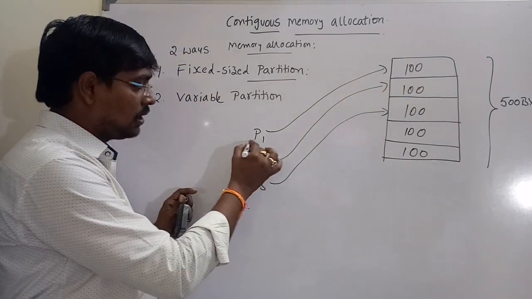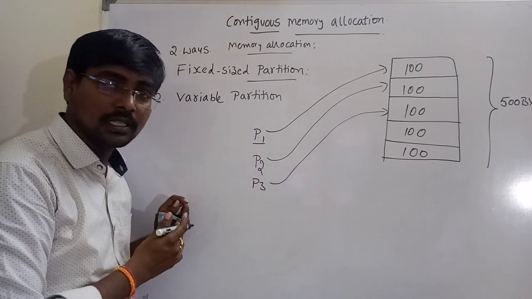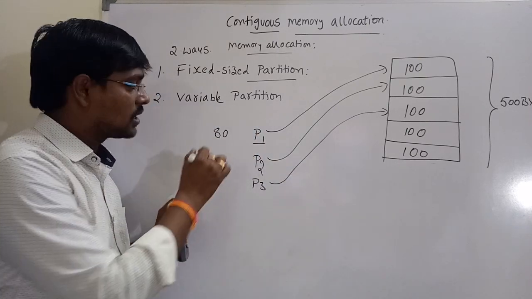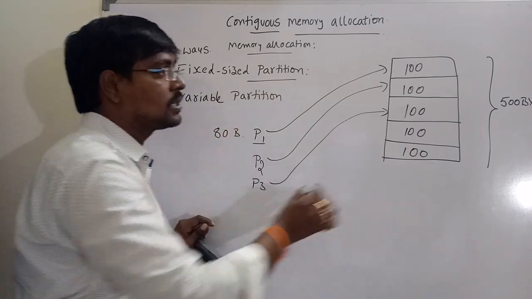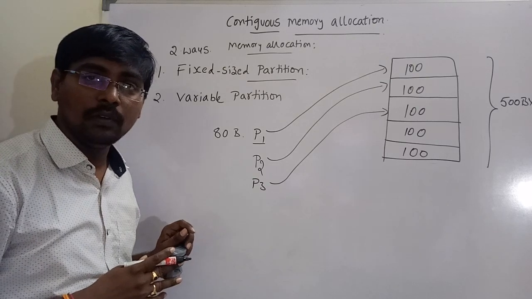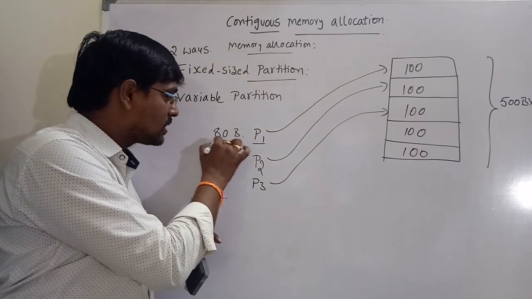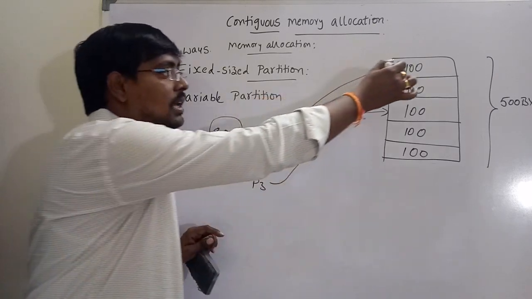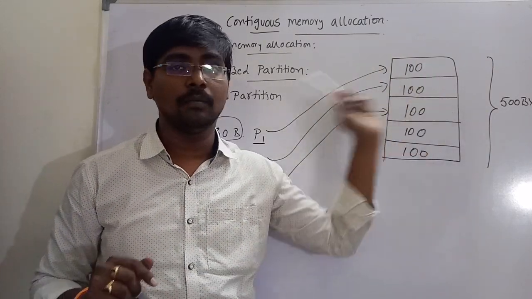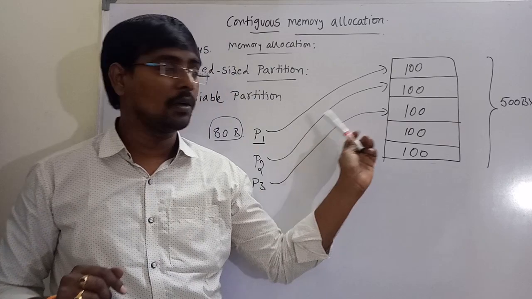For example, if the process size is only 80 bytes, but the partition size is 100 bytes, even though the process is smaller than the available size, we allocate the complete 100 bytes to the process. You got the point?